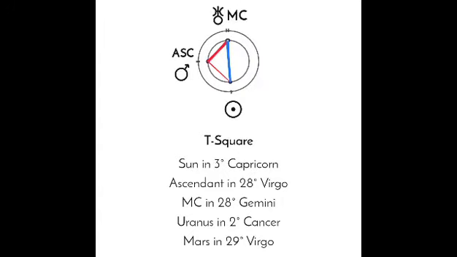And as it is forming a square to her sun, that is how you see how the T square will play out. So you want to look at the planets that are involved. For her, it's her ability to assert herself, which is her Mars. It's her personality.